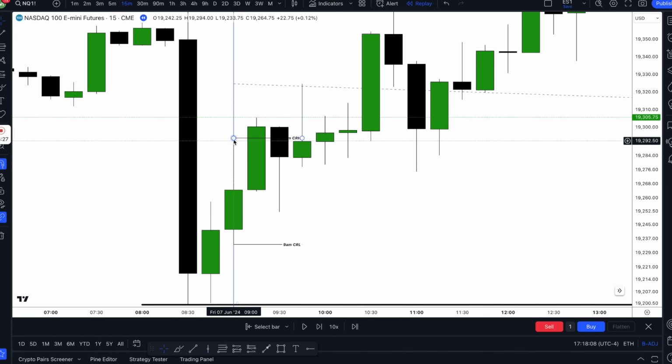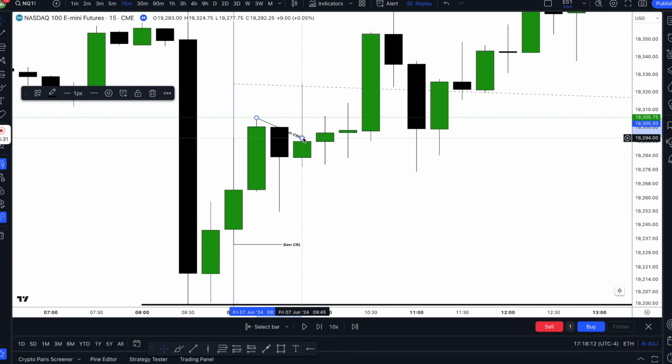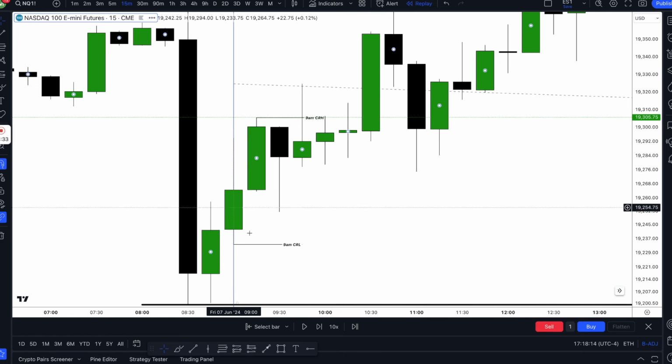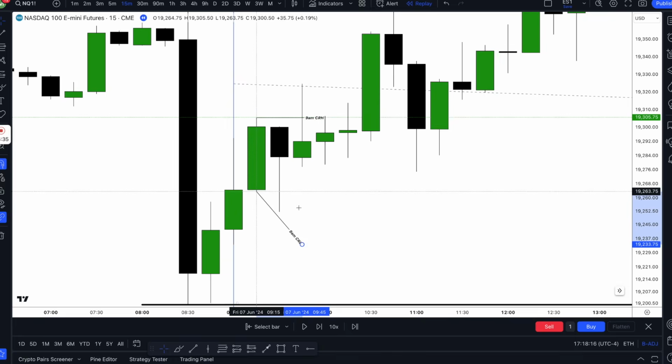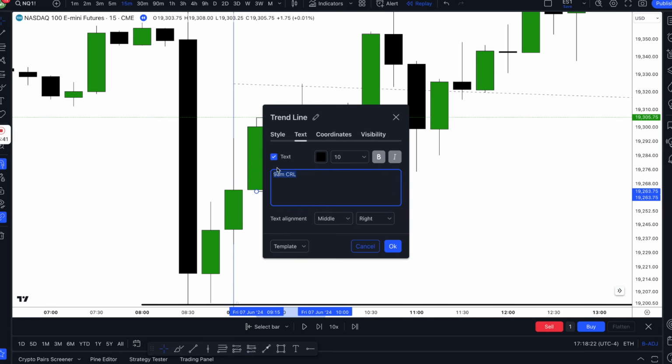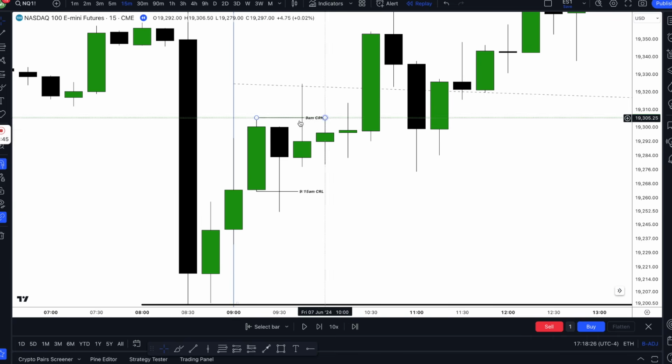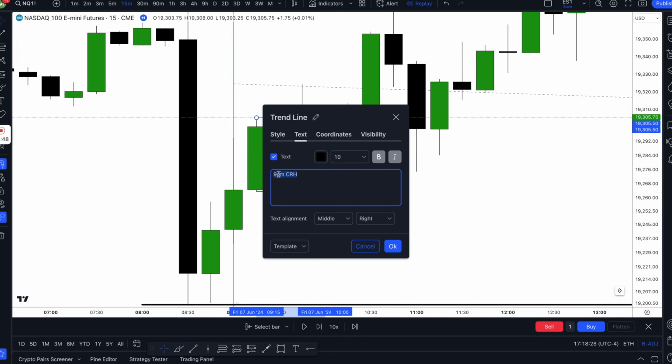So as we can see, we have the next candle range high and candle range low. Not 9 a.m., 9:15. Now, why am I taking the next candle? Because we closed above the previous candle.